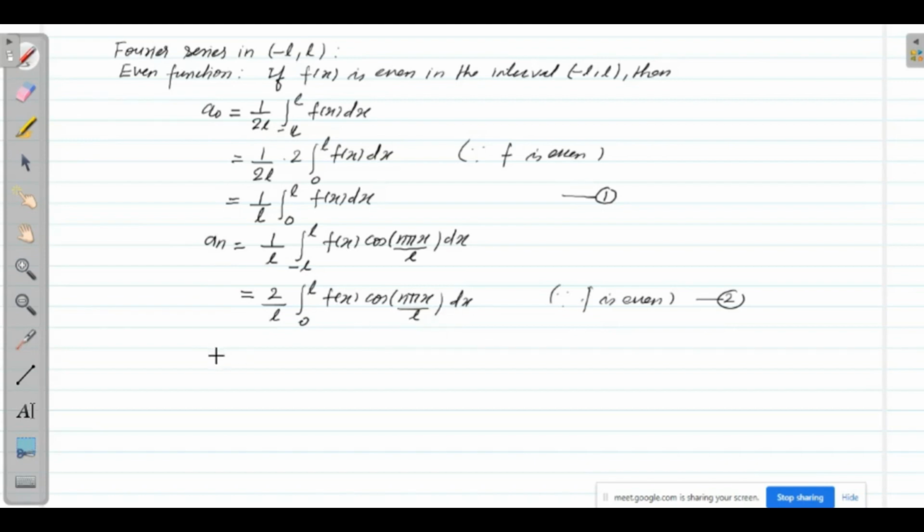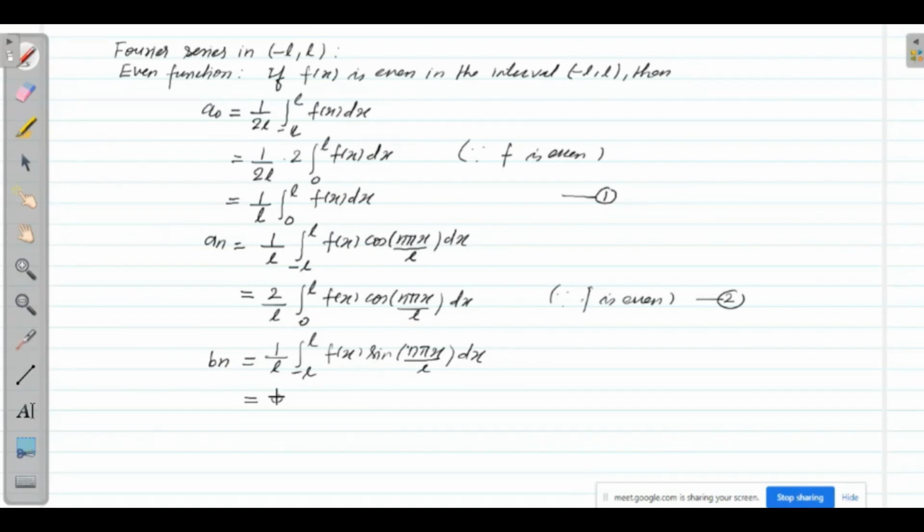And also we'll have bn. Your bn is 1 upon L integration of limit minus L to L f of x sin n pi x by L dx. See here, f is an even function and sine is an odd function. So even into odd is odd. So for the odd case, by the properties of definite integral, the integral is 0.